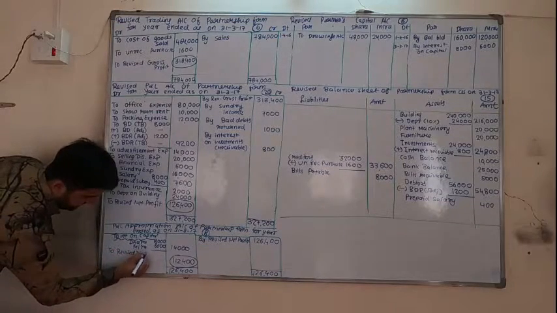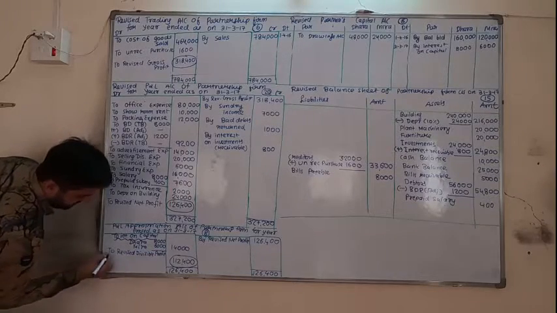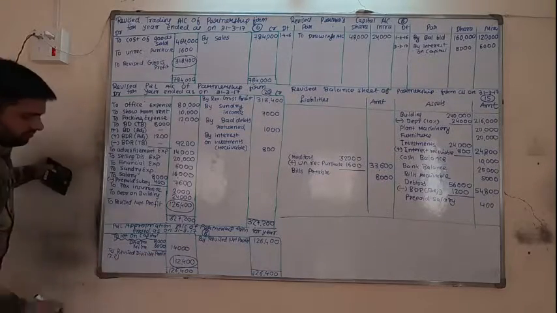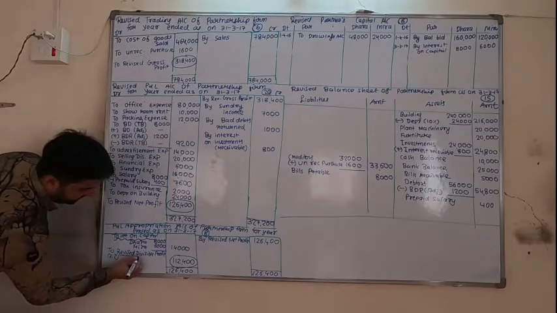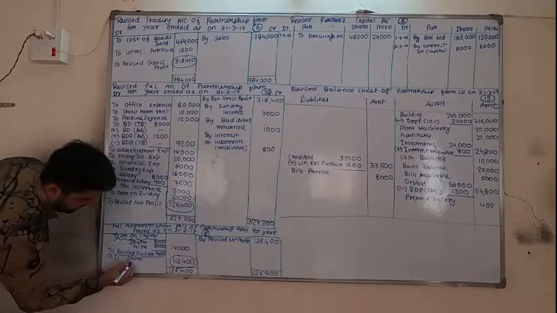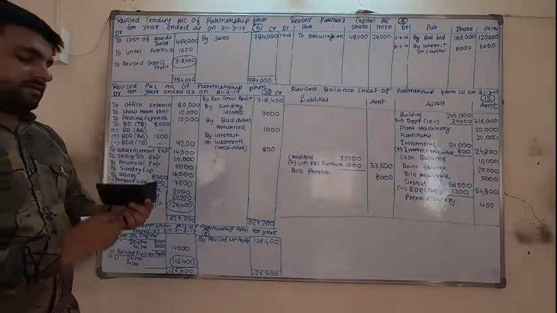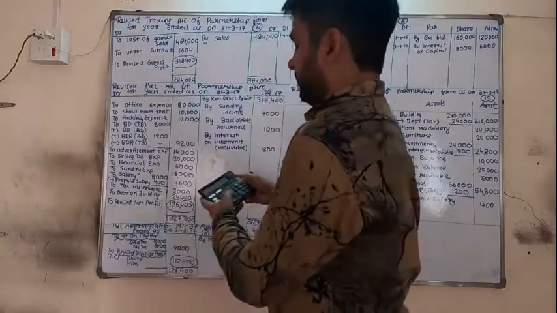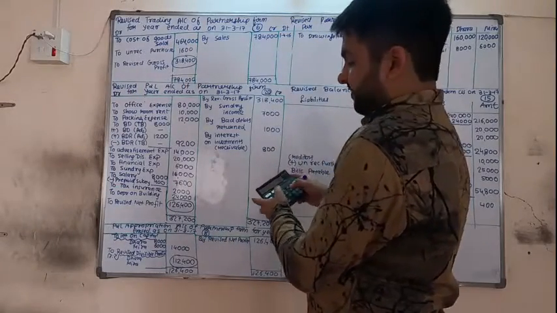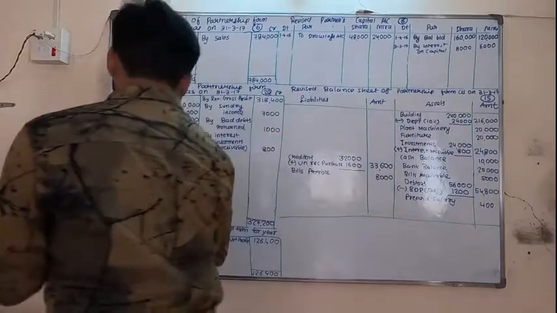To revised divisible profit in the ratio of 3:2 for Zara and Mira. Now 1,12,400 divided by 5. Why 5? 3 plus 2, 5. Multiply the first part by 3.